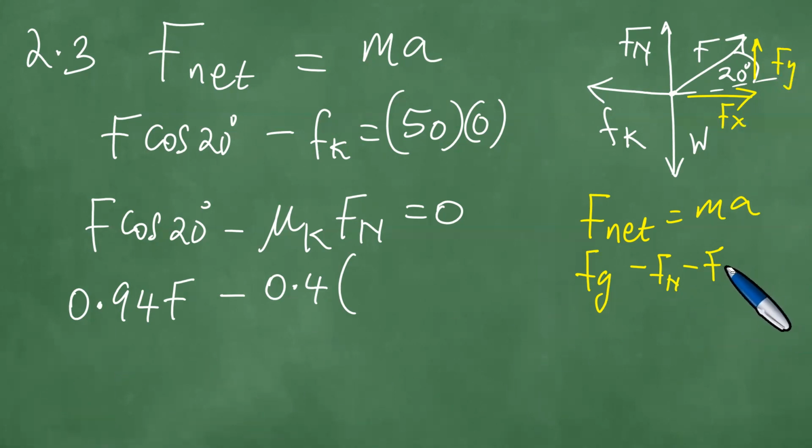So you put here Fy, which is 0, because this object is not accelerating upwards. So the forces in the vertical balance up. That is something extremely important for us. So we continue.